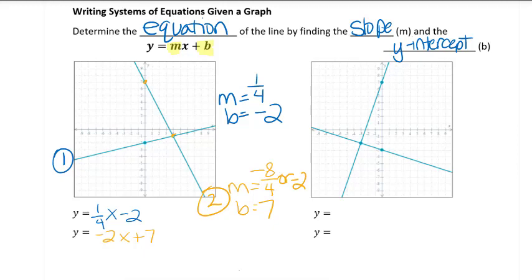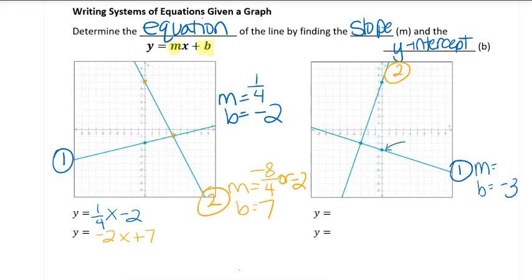Going on to graph 2, I'm going to do the same thing. I'm going to label my lines as 1 and 2. We'll do 1 down here, 2, and it really doesn't matter which one is 1 and which one is 2. So for line 1, let's go ahead and find the slope and the y-intercept. My y-intercept here is -3.